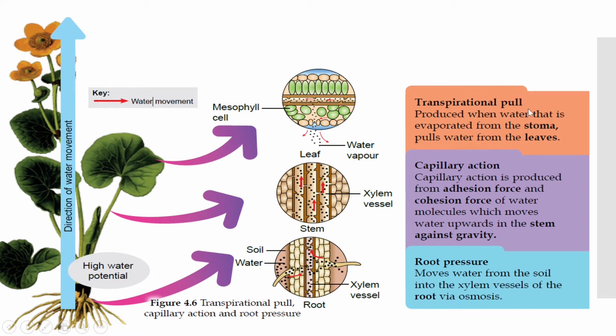Okay, a pull. So this pull is produced when water is evaporated from the stoma. So what happens is that it's going to pull the water which is from the leaves. So this is the structure showing the leaf. You can identify that this is the upper epidermis. These closely packed green cells are the palisade mesophyll.